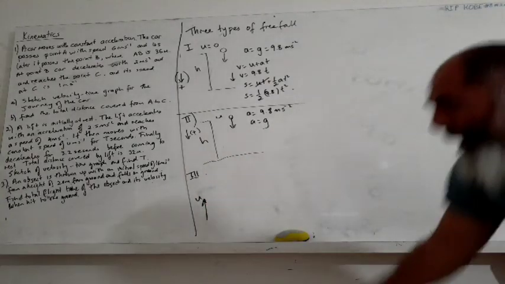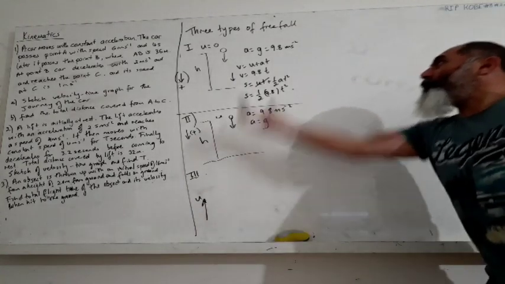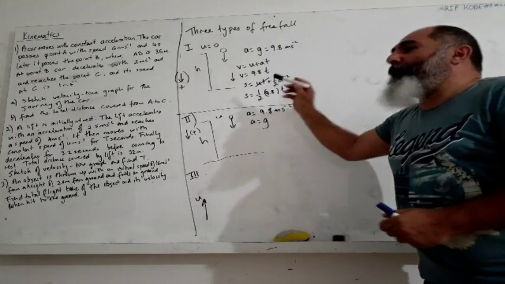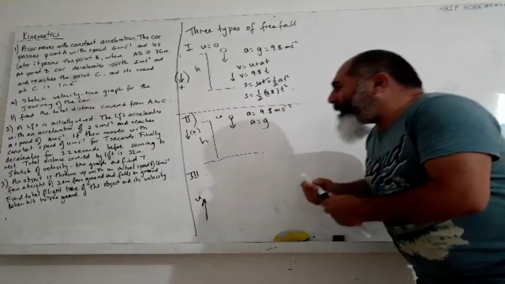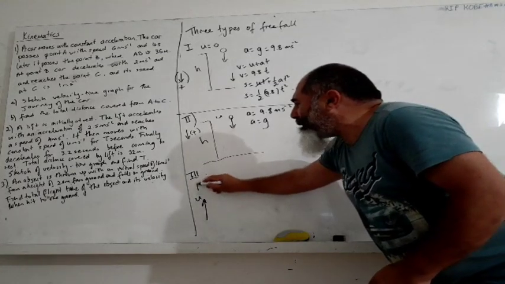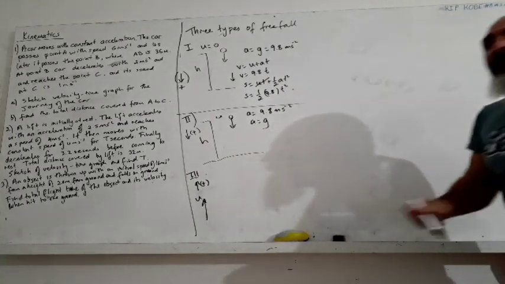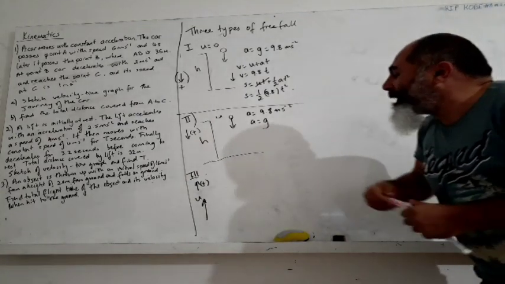So the initial speed is upwards. The first motion is upwards. So upwards direction is positive. Then the downwards direction is going to be what? Negative.